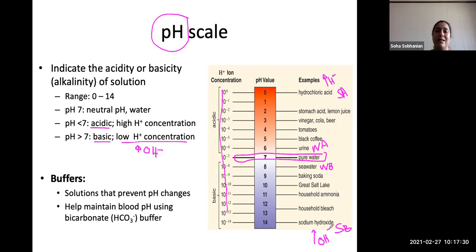For us it is what we call bicarbonate, which, if it's sodium bicarbonate, is basically baking soda. So the buffer for the blood pH is bicarbonate, written as HCO3 negative, and it helps us maintain our blood pH.